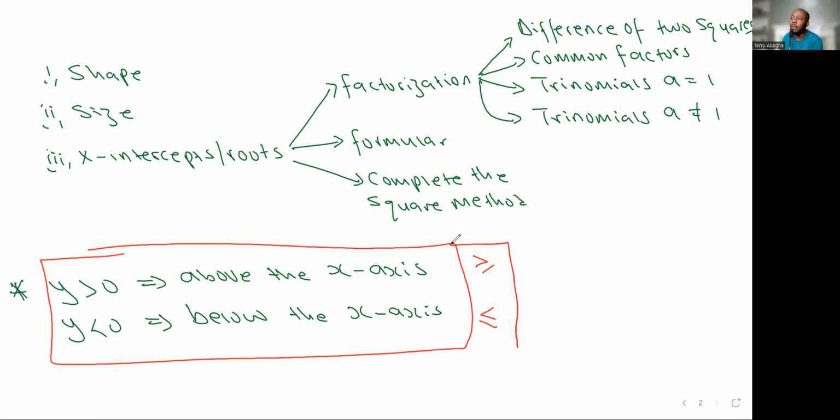So for example, if we have y is greater than 3x squared plus 4x minus 5, in this case the solution is going to be above the x-axis when you draw it. If, for instance, you have y is less than or equal to x squared minus 9, in this case the solution is going to be below the x-axis.